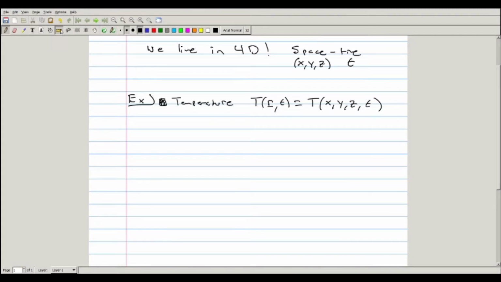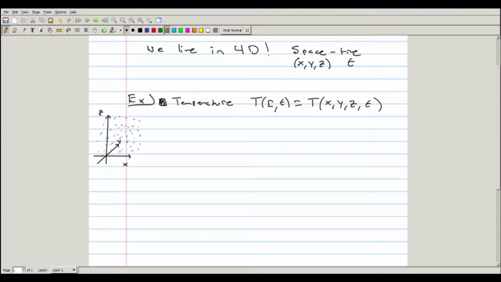So for instance, let me draw a picture here to see what we mean. You could have a uniform temperature where at every single point the temperature is constant, which I'll denote by these gray dots for every single point in 3D space.